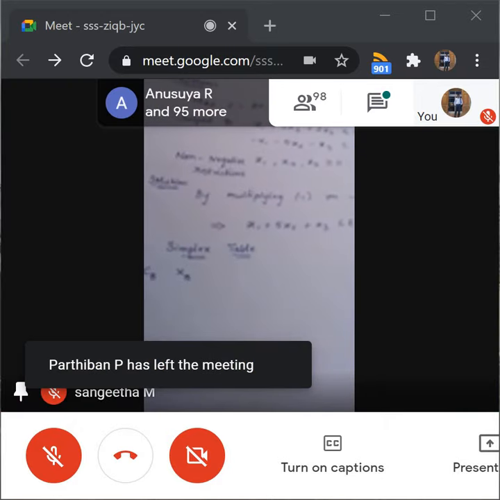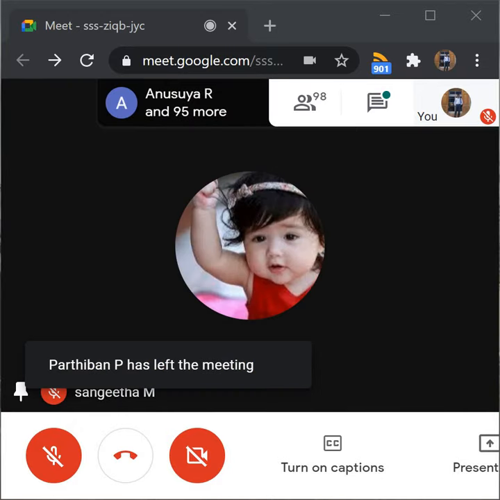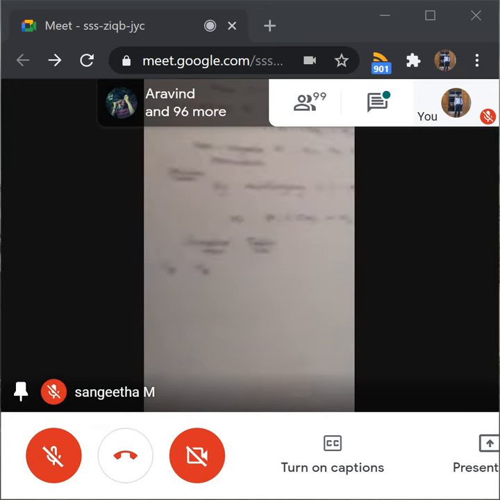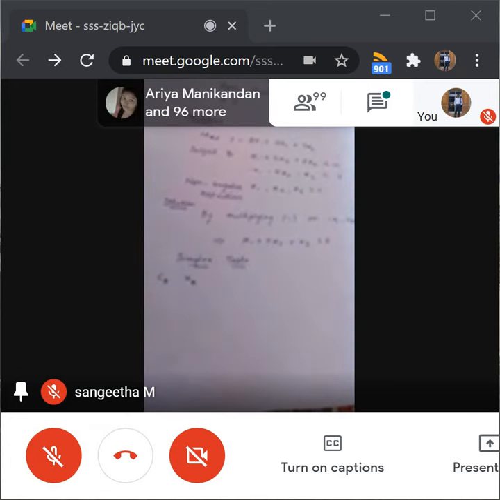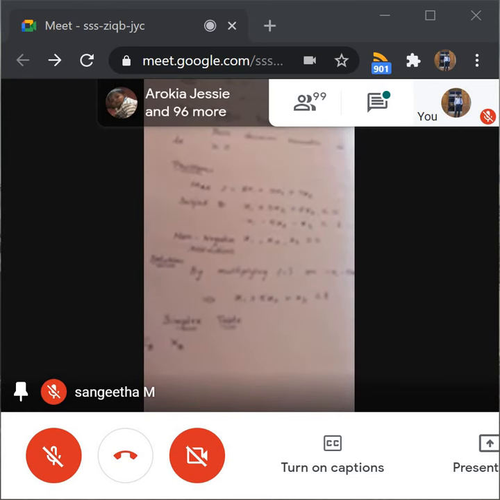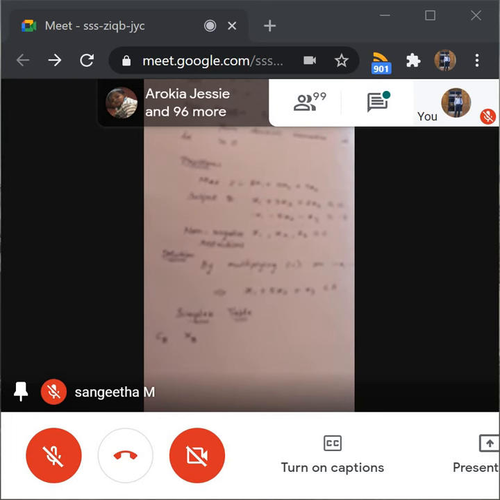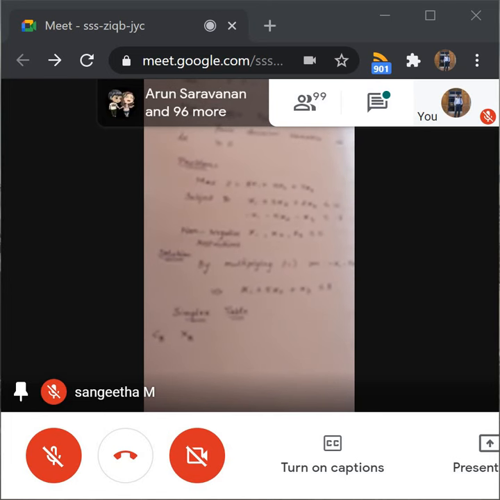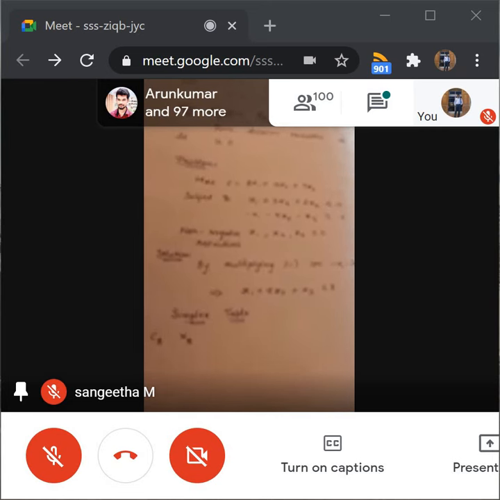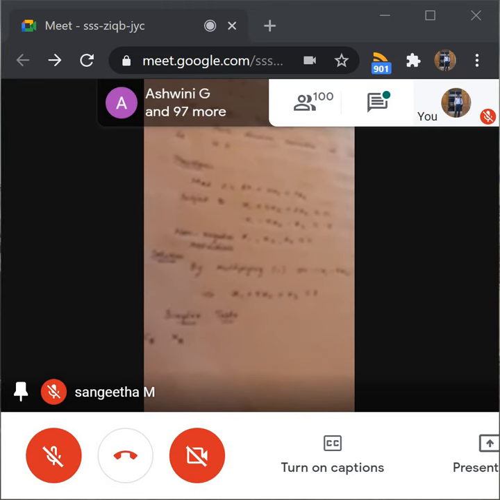How many columns do you want for the simplex table? One second, let me admit some people. If you see properly, there are three decision variables: X1, X2, X3.